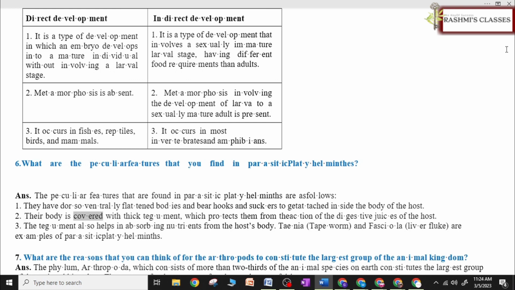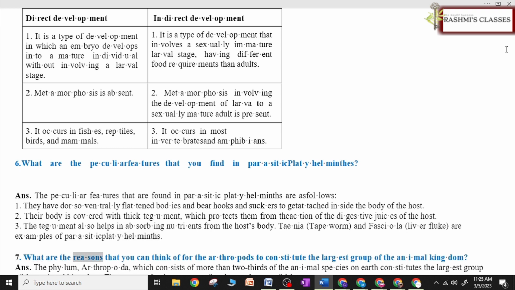Their body is covered with thick tegument, which protects them from the action of the digestive juices of the host. The tegument also helps in absorbing nutrients from the host's body. Taenia, tapeworm, and Fasciola, liver fluke, are examples of parasitic platyhelminths.